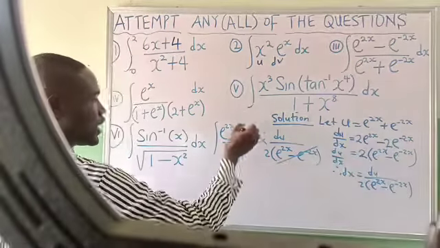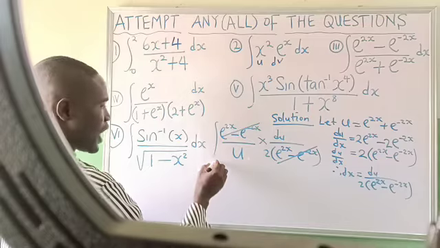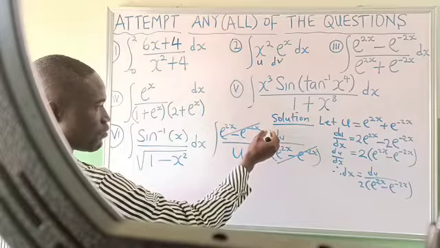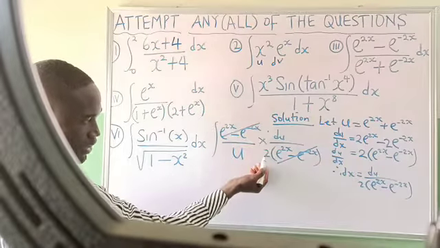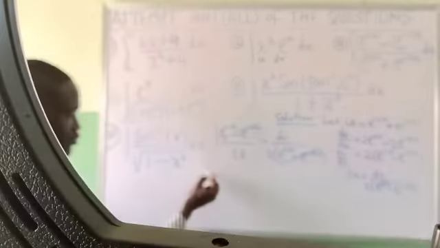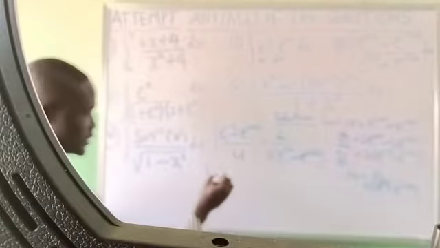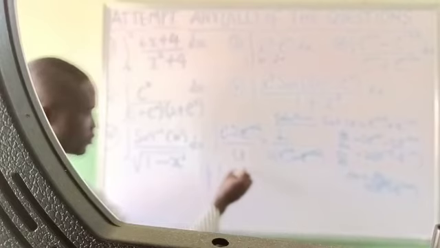And this will cancel this. That will give you an invisible 1 over 2. So you bring 1 over 2 out. Integral 1 over u du.